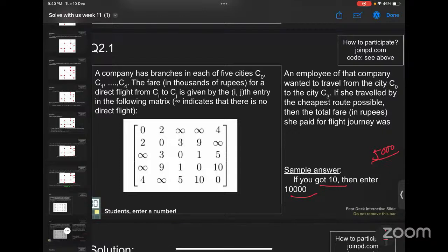So you have to go from C0 to C3, C0, C1, C2, C3, C4. Similarly, C0, C1, C2, C3, C4. If you have the matrix, then it is also 5. So I'm taking your answer as 5. Is there any other answer, or can I proceed to solve?